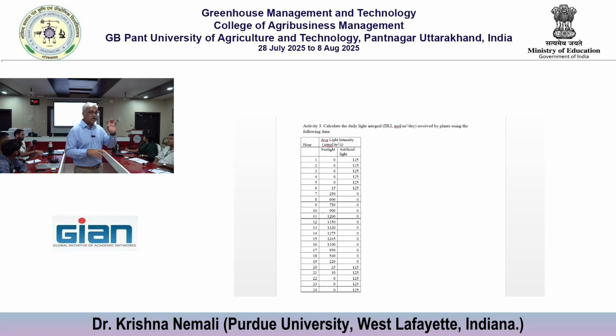You take the intensity and multiply it with 3600 to get the total light per hour, right? Each row is per hour. So for each hour you calculate the total intensity by multiplying with 3600 and dividing by 1 followed by 6 zeros to get moles. Then add all those 24 numbers and tell me the total light in a 24-hour period.